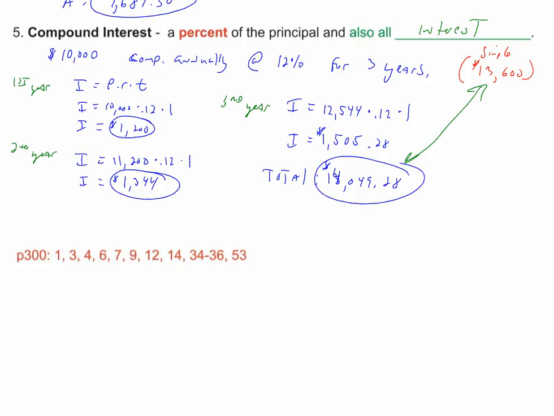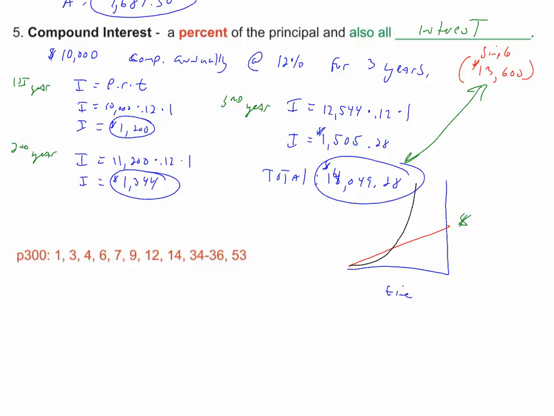It keeps growing. Now, I know you guys don't know charts well, but simple interest looks like this. It's a straight line. And this is time, and this is the amount. Compound interest looks like this.